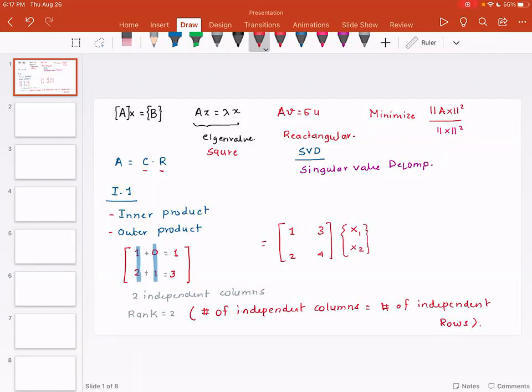Then this whole equation can be written as, and we talked about this in last class, (1, 2) x1 plus (3, 4) x2. Which means whatever solution that we are going to get, and this is super important, is a linear combination of these two basis vectors.